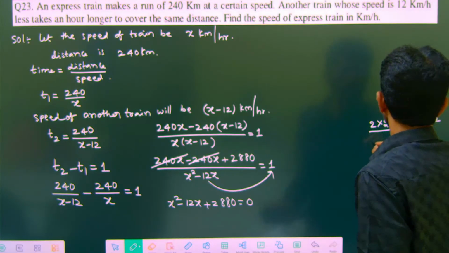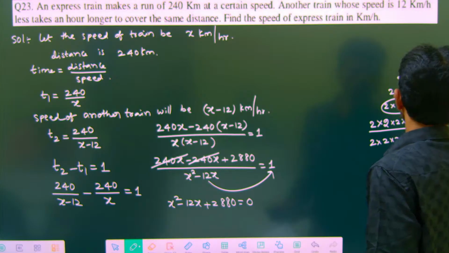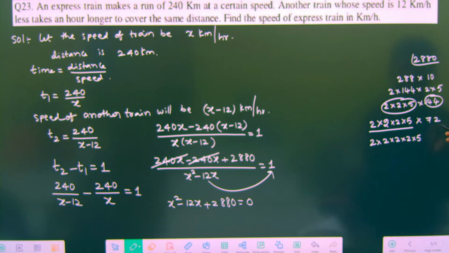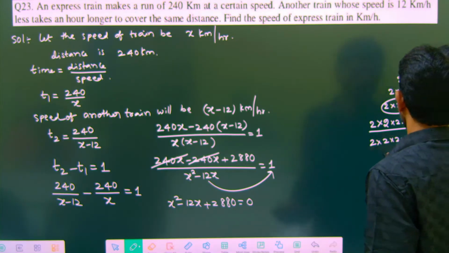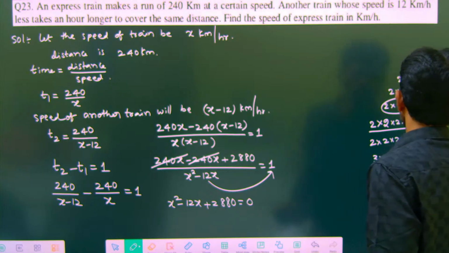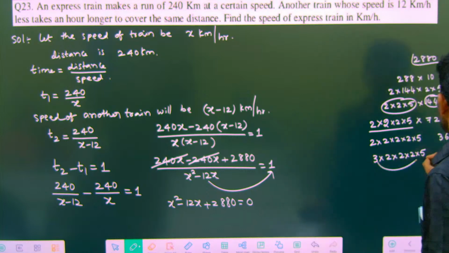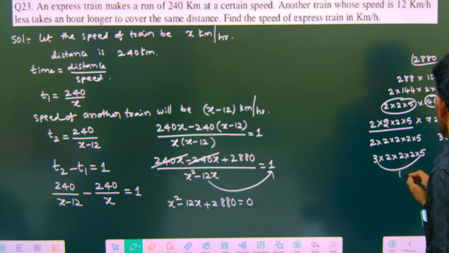One more we add, 2 into 2 into 2 into 2 into 5, it becomes 80 and 36. From 80 and 36 we also do not get it. Then if we write 3 here, 3 into 2 into 2 into 5 is 120 here.